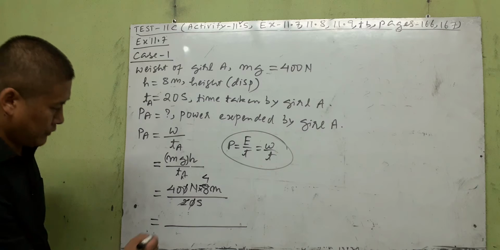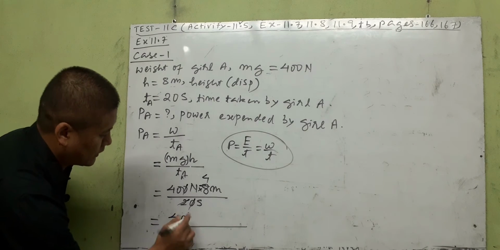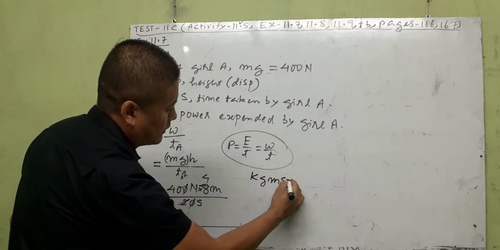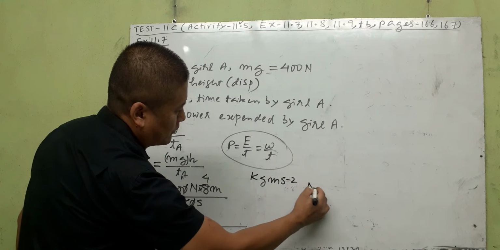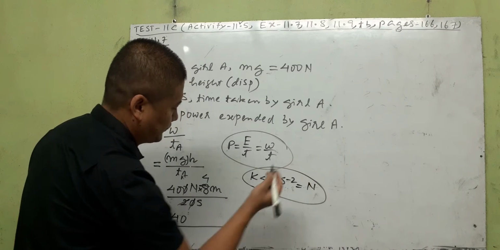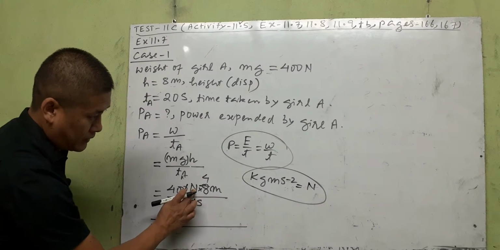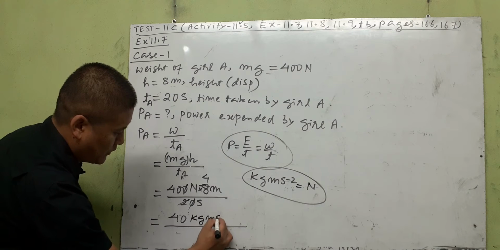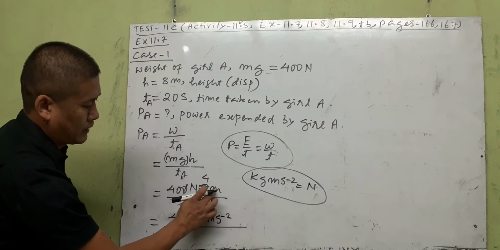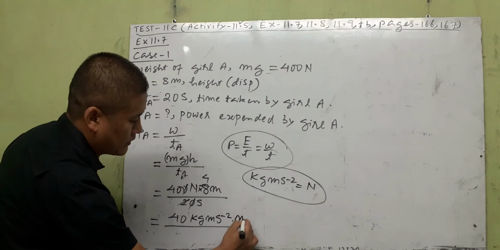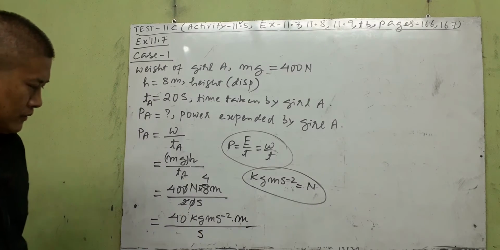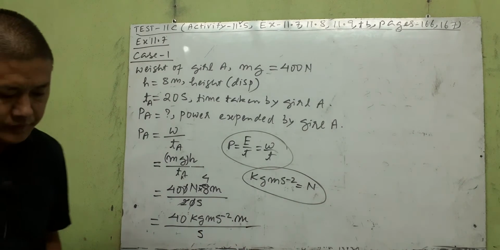Slowly we'll do. We already know, but let's do slowly. We know that kg meter per second square and Newton are the same. So let us change this Newton to kg meter per second square. Here 1 meter is there, and here second. We have written like that, right?